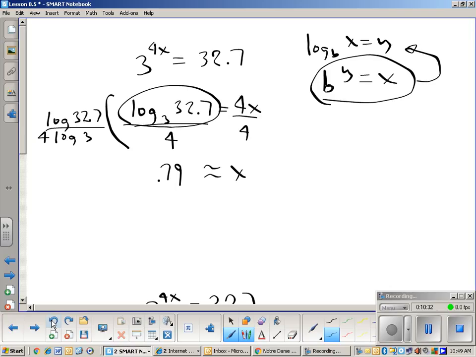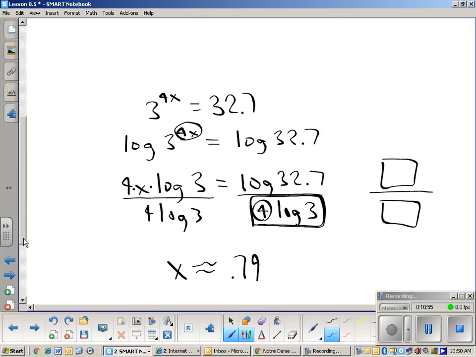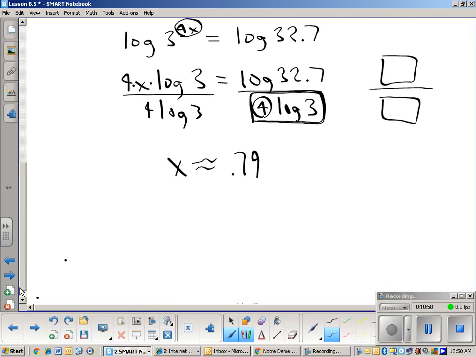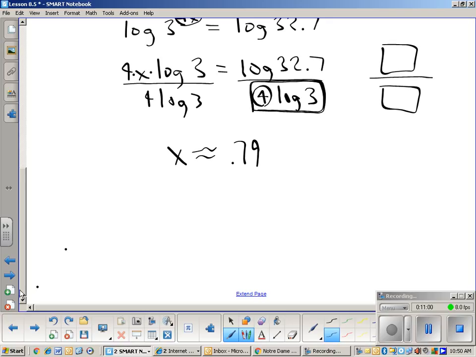But anyway, those are equivalent statements. And this is log form, and this is exponential form. So there'll be no logs in our exponential form, and there will definitely be one log in the logarithmic form. Okay? All right. Anybody not done with this? Anybody need more explanation on this?